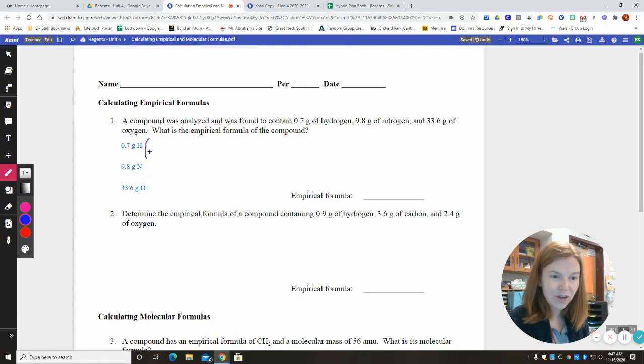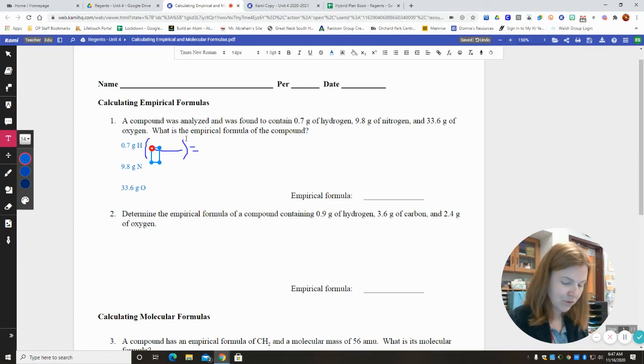So first of all, I need to convert each of these into moles. I'm going to do my hydrogen first. How do you get grams to moles? You need to know the molar mass of the element, right? Hydrogen has a molar mass of 1.0 grams per 1 mole. So 0.7 grams of hydrogen times 1 divided by 1 is 0.7 moles of hydrogen, okay?